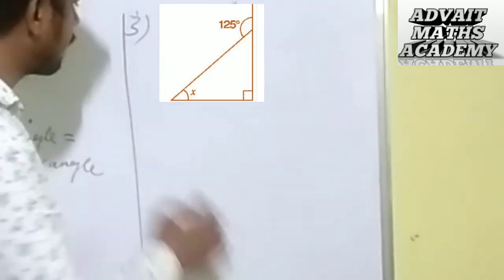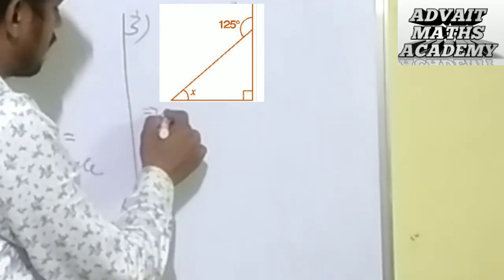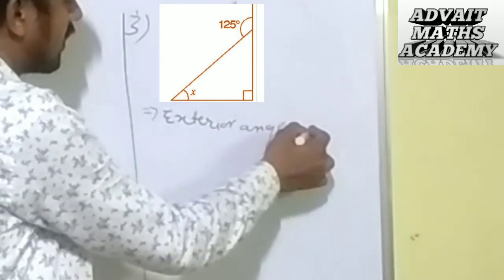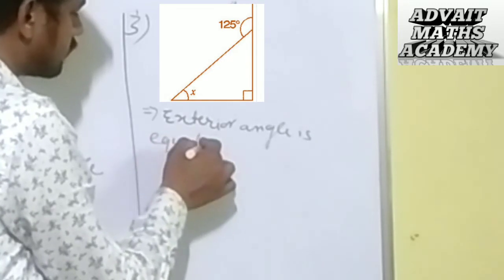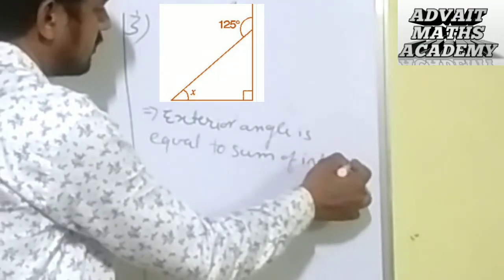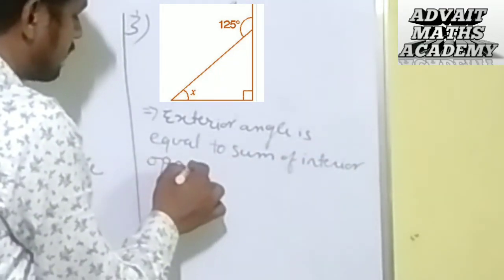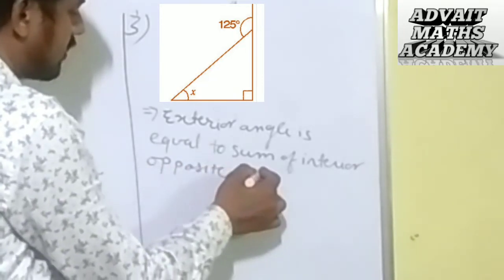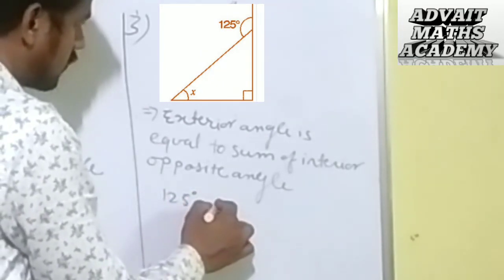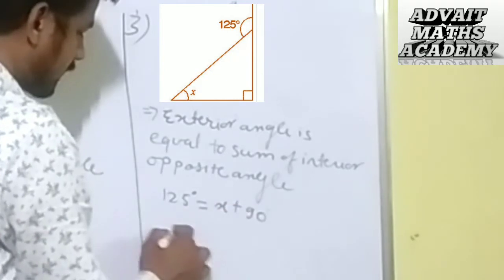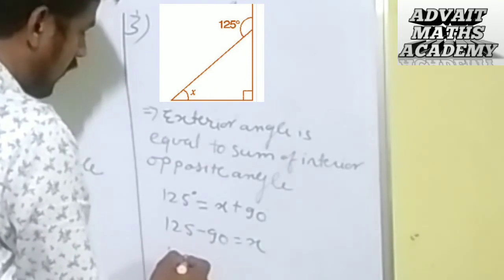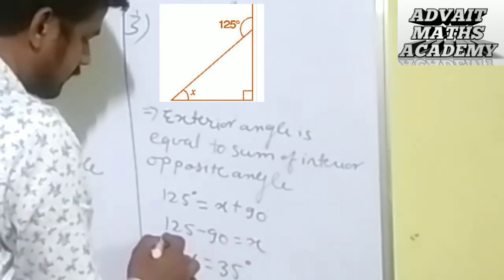Then the third one, exterior angle is equal to the sum of interior opposite angles. Then 125 degree is equal to x plus 90 degree. 125 minus 90 degree is equal to x. Therefore, x is equal to 35 degree.